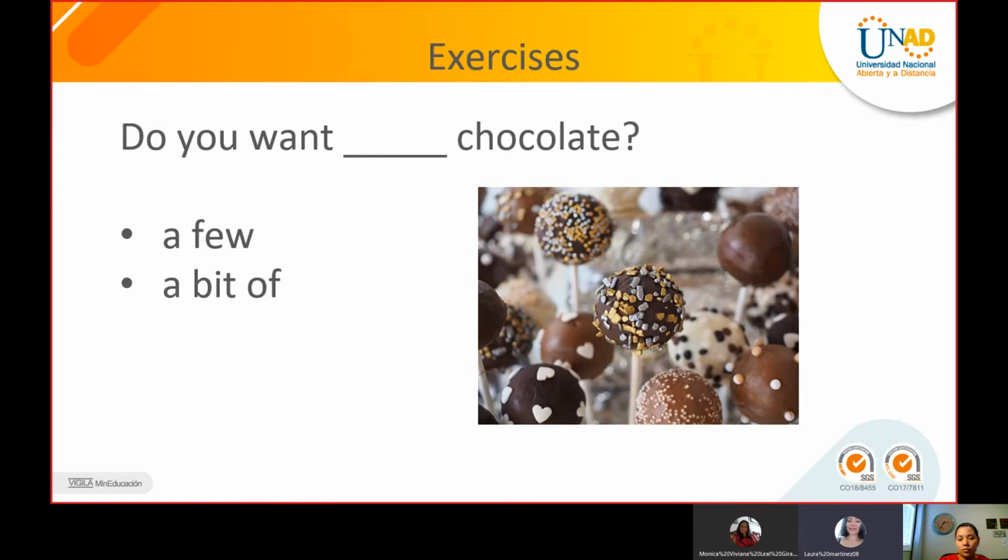Profe, perdón, pero es que no sé cómo decirlo en inglés. Pero el chocolate, digamos, es contable, pero sí es una taza de chocolate, ¿cómo es? A cup of hot chocolate. Yes. Gracias, profe. I know it's confusing, right? Because sometimes in Spanish it's a countable noun, but in English it's not.